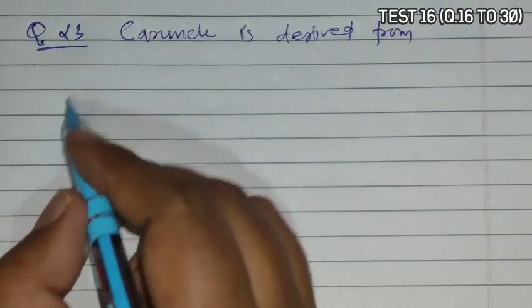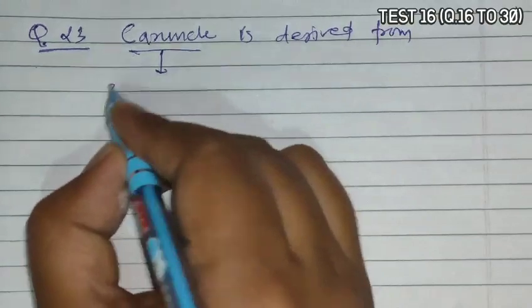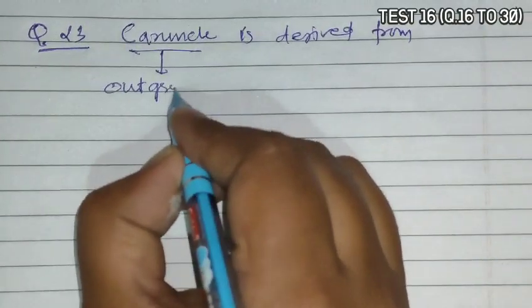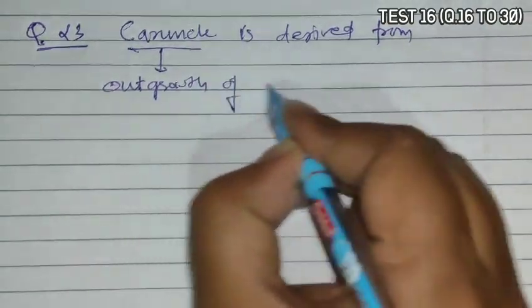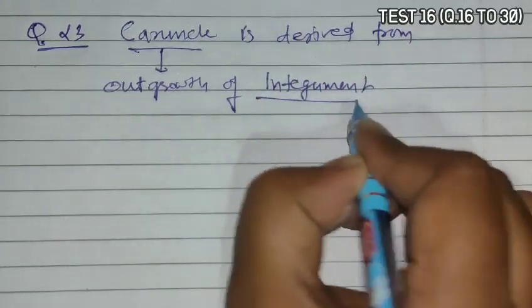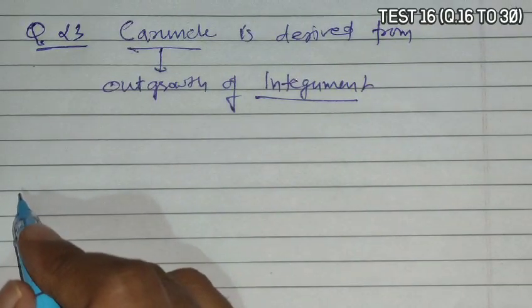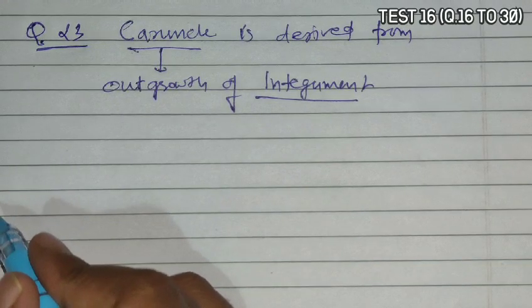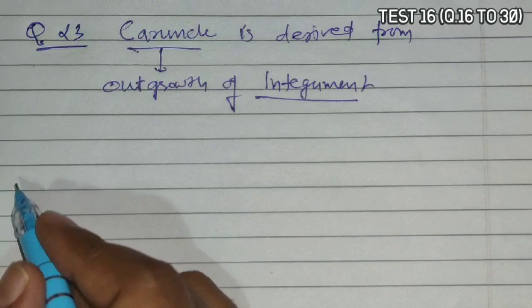Now caruncle is nothing but an outgrowth of the integument of the ovule. It can be observed on the outer coat of a seed, near the hilum.